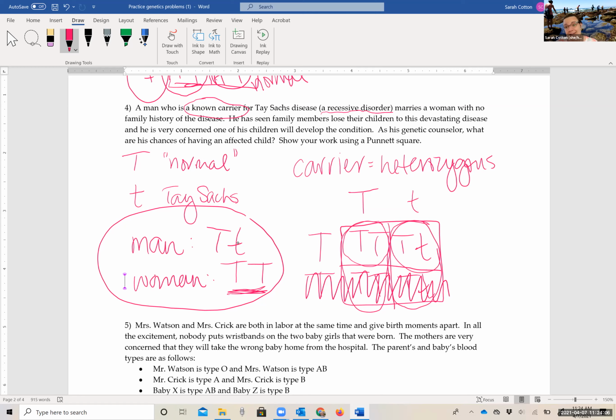That's what I like to do. But fundamentally, whatever works better for your own brain is fine. Ultimately, you're going to get the same result. Okay. So here's my question for you. What is the phenotype of an individual with 2 big T's?